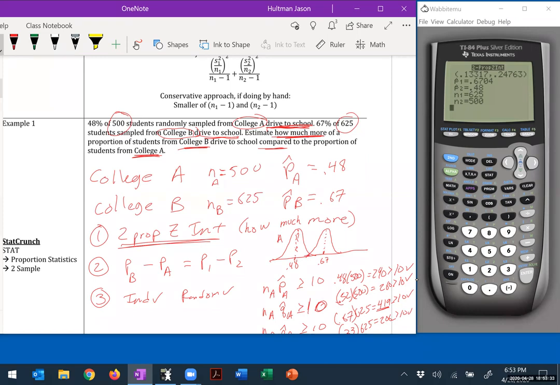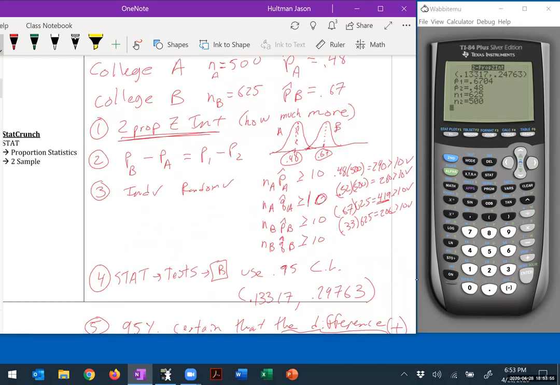There's a little tiny bit of overlap in our hypothetical graphs here, but it doesn't even reach 0.48 for college B. College B doesn't even include 0.48, and college A doesn't include 0.67. So if I took 0.67 and subtracted off 0.48, I would get a positive result, which is what this confidence interval tells me.